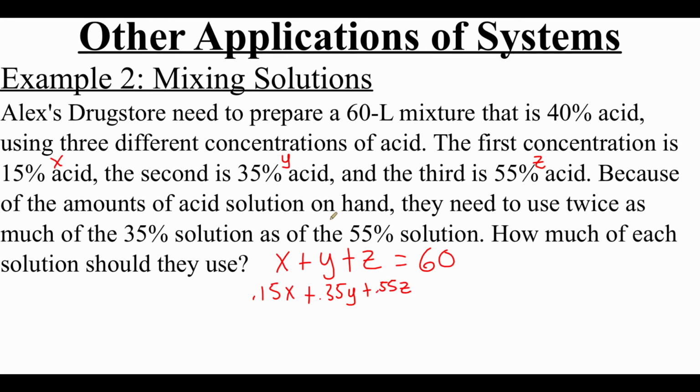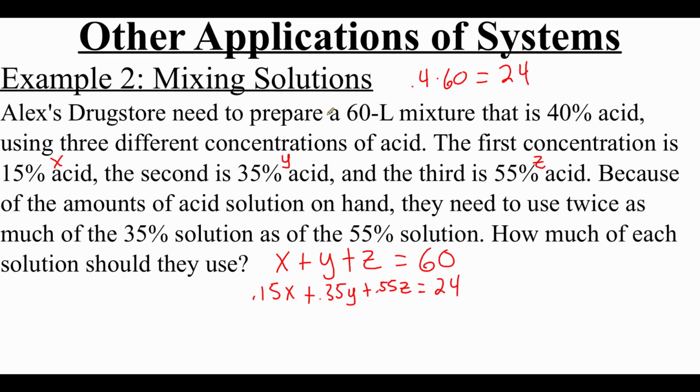Now it doesn't tell us how many liters of pure acid we have, but we can figure that out. We've got a 60-liter solution that is 40% acid, so if I take 0.4, which is 40%, times that 60-liter solution, that's going to tell us that we have 24 liters of pure acid. So here, where we're looking at the amount of acid that we've got, we want to use that 24.